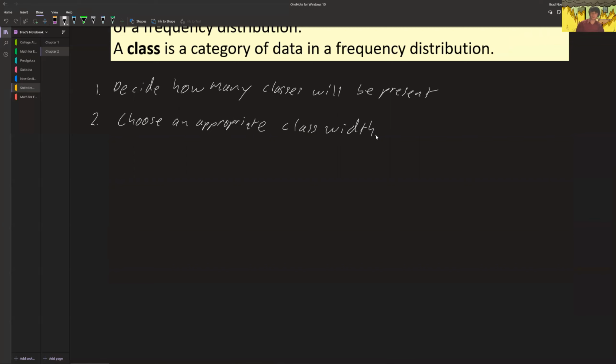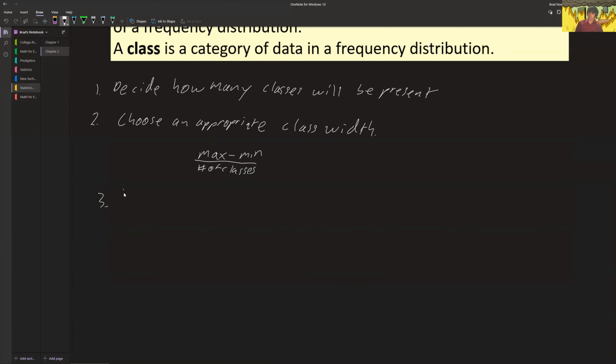And in general, the best way for us to do this is to just take our max data value minus our min data value divided by our number of classes. And then we'll, in general, round up to whatever level of precision we're looking at in our data, okay? That will help to determine how big each of our classes should be.